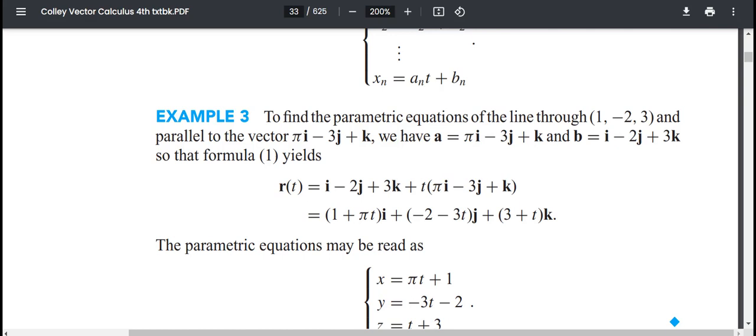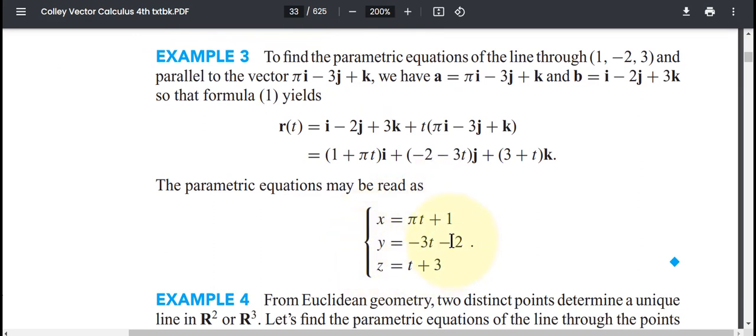Okay, so let's try it out. To find the parametric equations, that's the end goal, but we're going to first get the vector equation. So a vector equation of what? Of the line through this point. So we have to be given a point, and they're giving us a point, and parallel to some vectors.